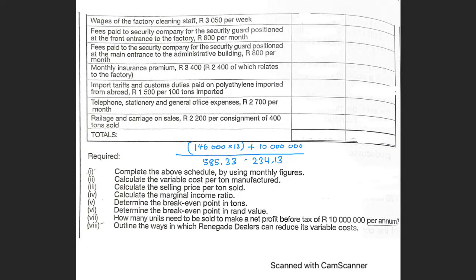Or you could do it the other way around, where you leave the fixed cost as its monthly figure and you convert the 10 million into a monthly figure. So 10 million divided by 12 brought it to 833,333.33, and then it's over the same denominator.